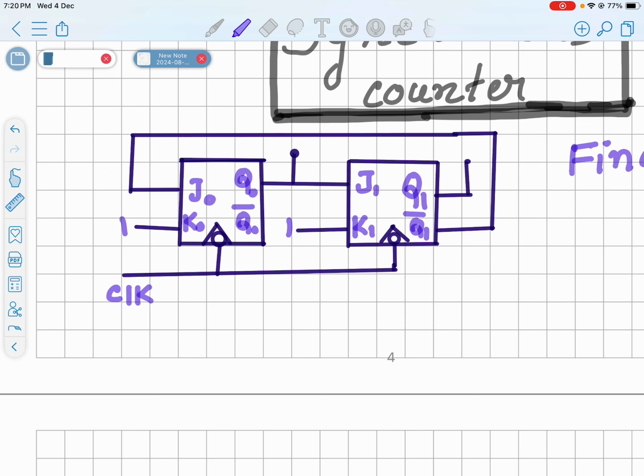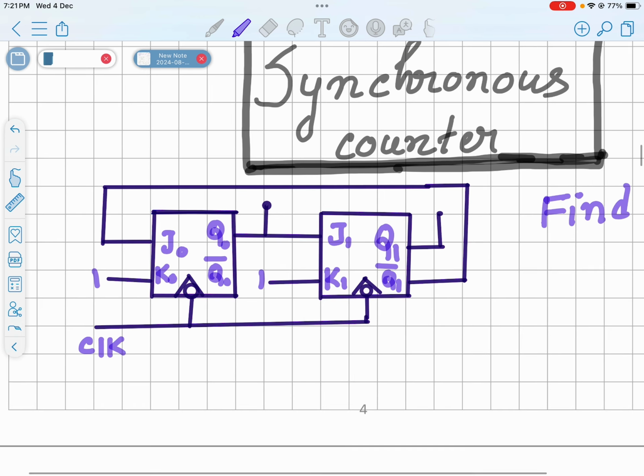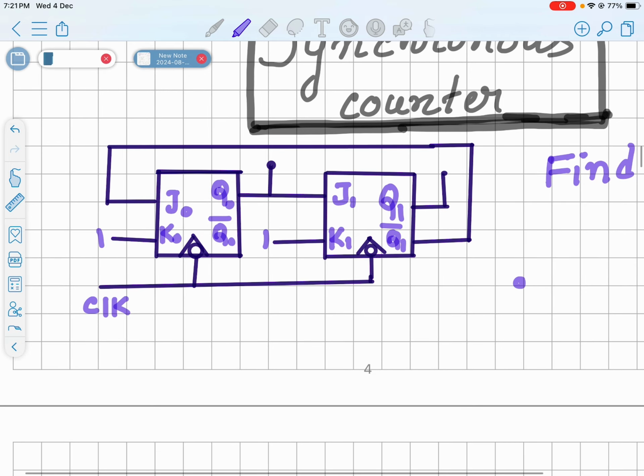In a synchronous counter, remember that we don't change the output. It is not going to change the output if we change the type of clock. What does this type of clock mean? The flip-flop will be activated at the negative edge.